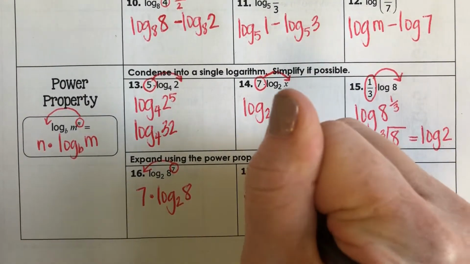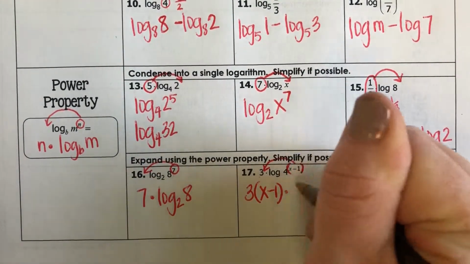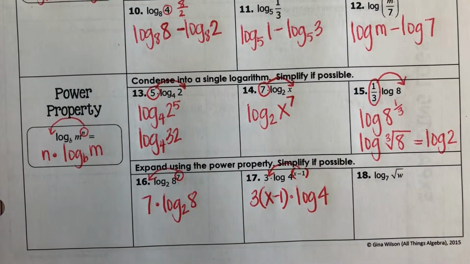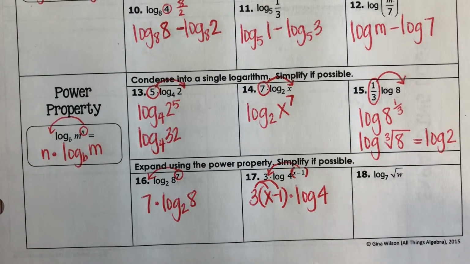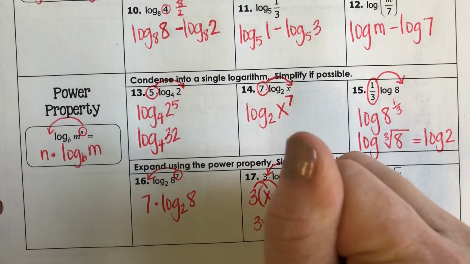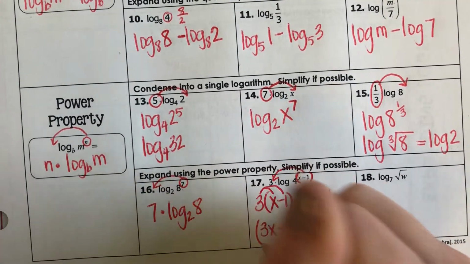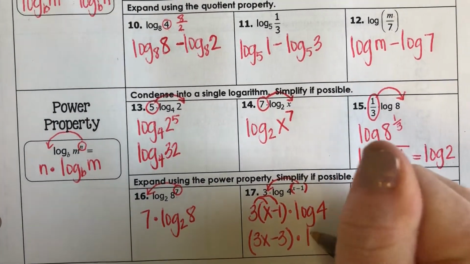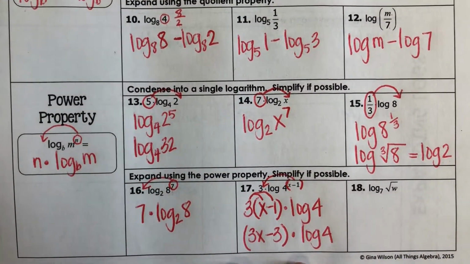So to rewrite this, I have 3 times x minus 1 times log of 4. And I am going to distribute this 3 just to simplify it a little more. So this is 3x minus 3. I'm going to keep my parentheses there, times log of 4. Okay?